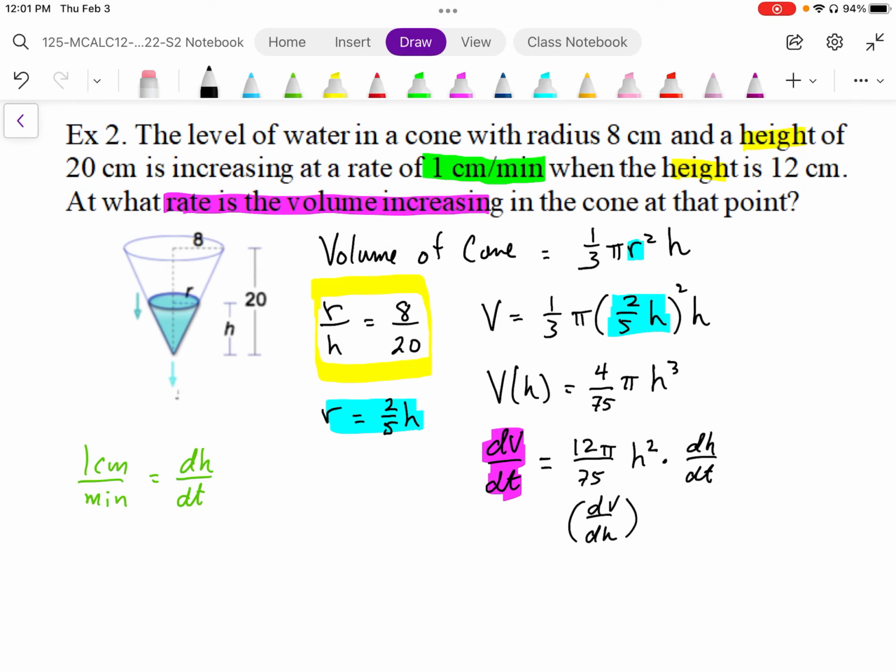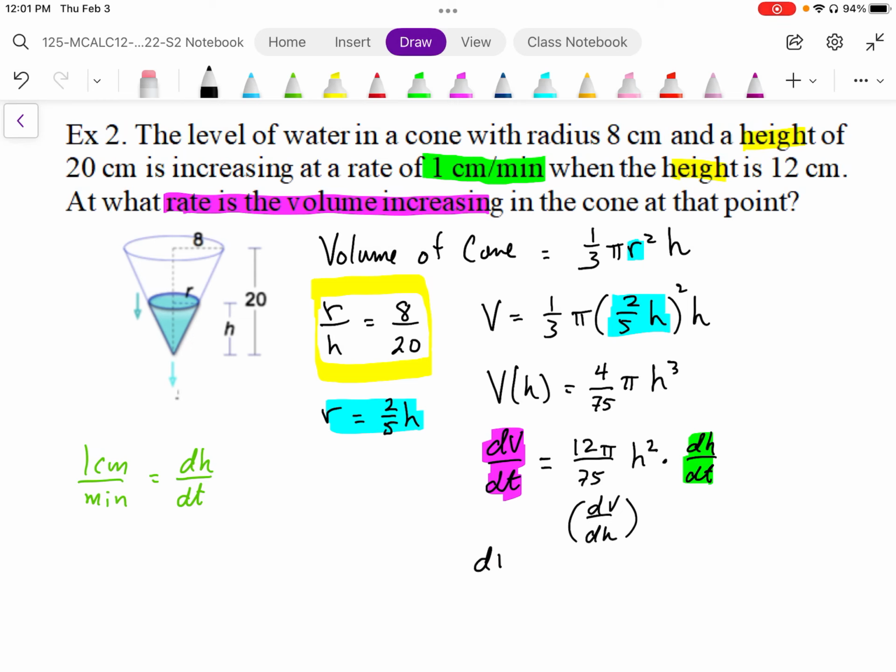If I multiply this together, I definitely get my dV by dt, and I've generated two things here: my dV by dt, which I'm solving for, but I've also generated dh by dt, which I have been given. So at this point, once I've differentiated, I just need to plug in the parts I know and solve for the parts I don't know.